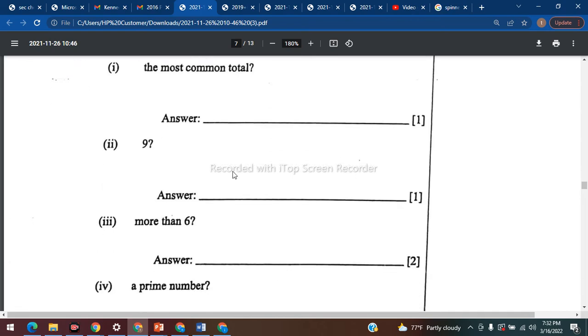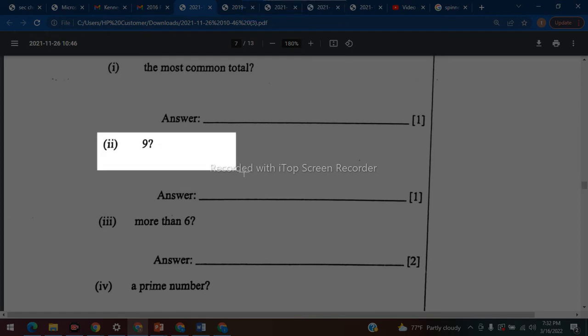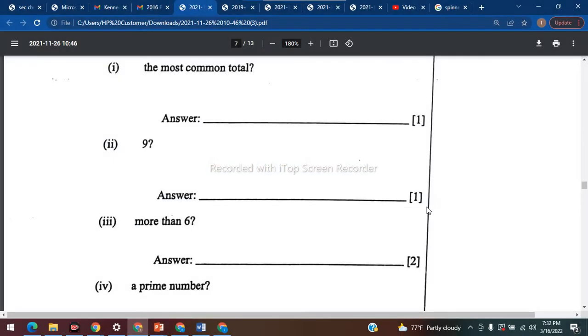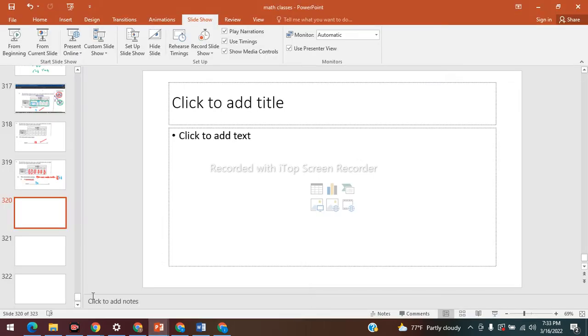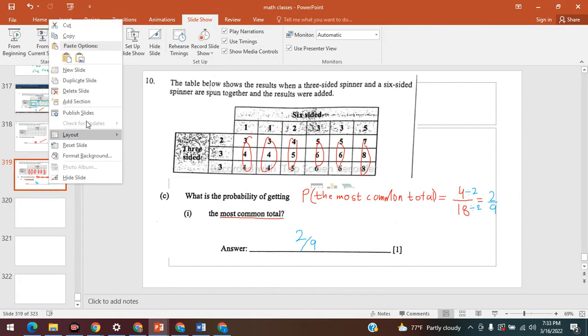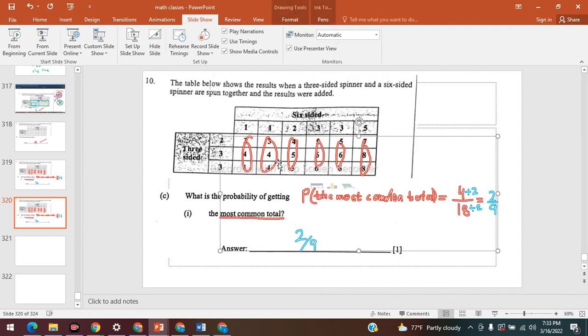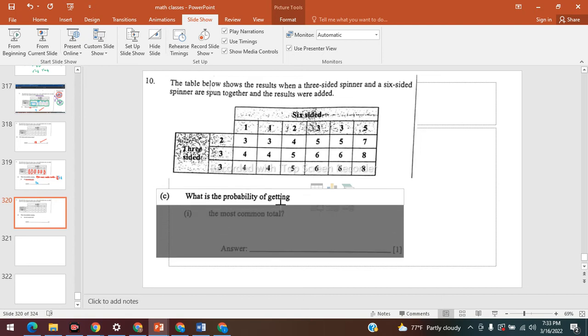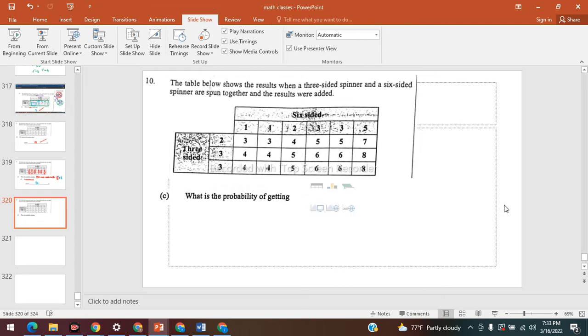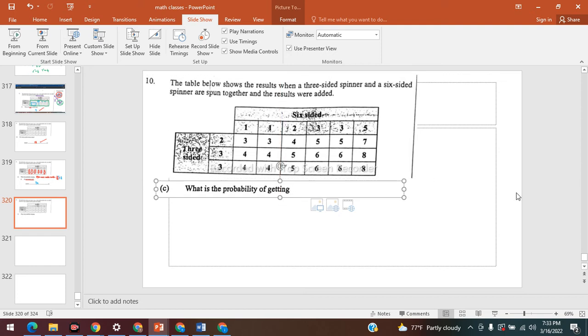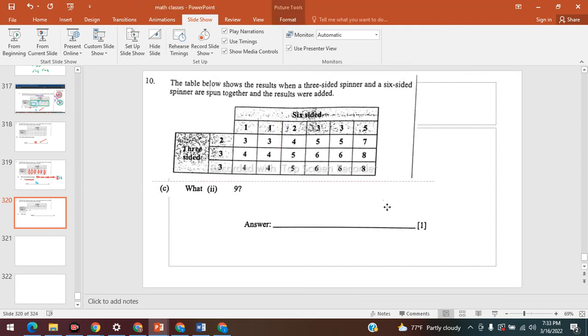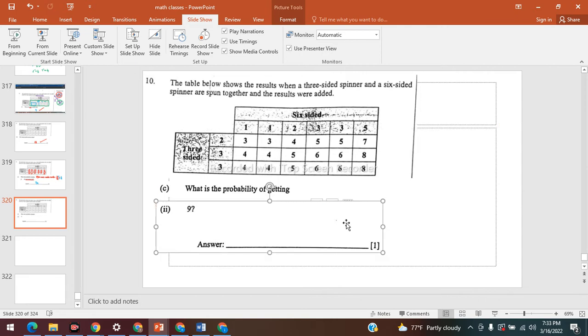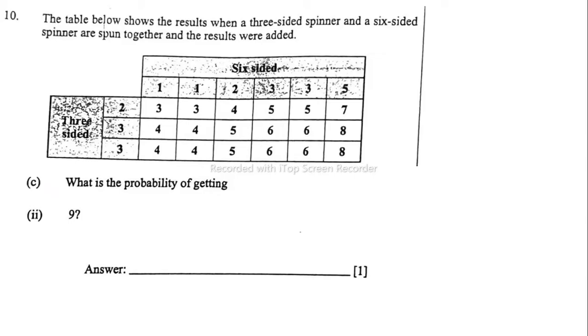Okay, so it's the probability of getting 9. None. The probability of getting 9 is 0. Someone says 0 over 18. And 0 over 18 is 0.